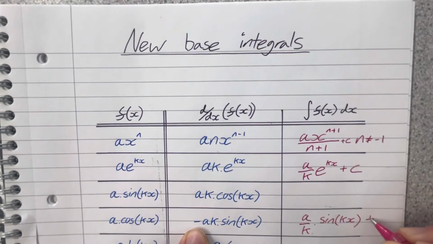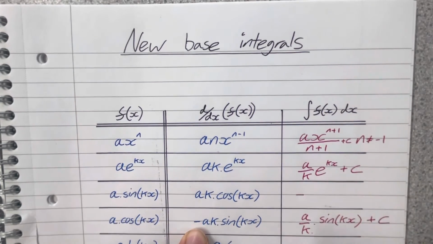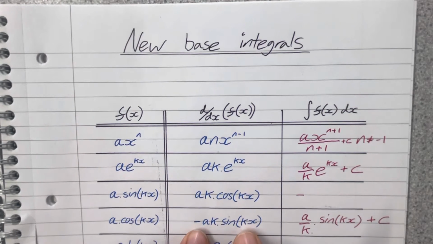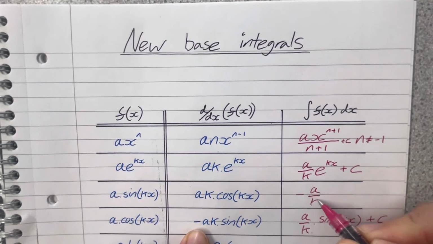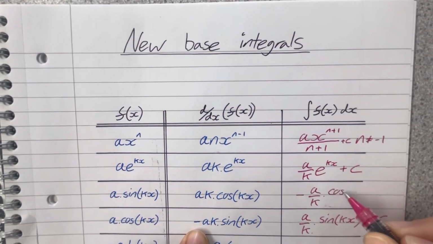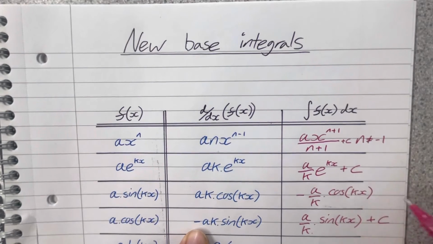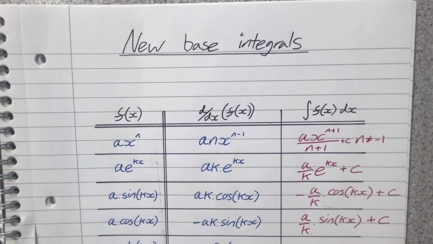Oh, don't forget the plus c again. Don't forget the negative. And just like we had with the sine, we're going to end up dividing by the coefficient of x. So it's going to be negative a over k times the cosine of kx. And of course, don't forget the constant of integration, which I've already done twice.